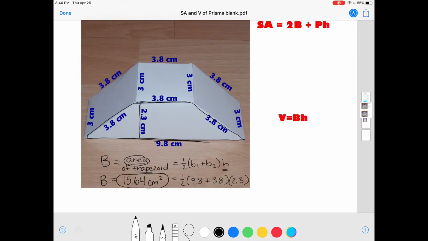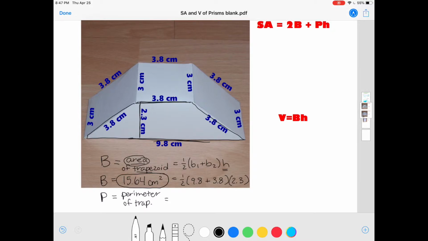The next thing I like to find is capital P. Will you say out loud, what does capital P stand for? Perimeter of the base shape. Excellent. Perimeter, don't just say perimeter. Perimeter of that base shape. That's important because if you just say perimeter, who knows? Are we going to add up every number in the picture?